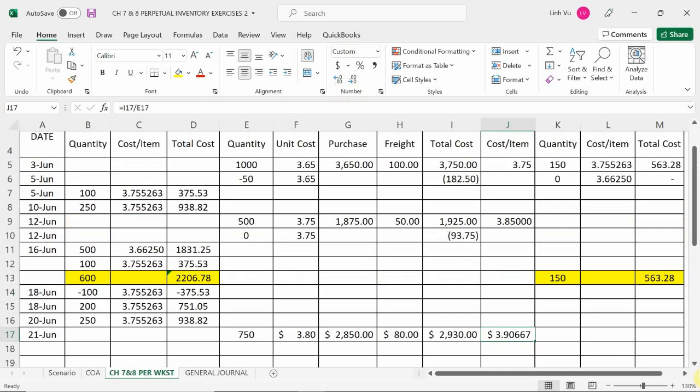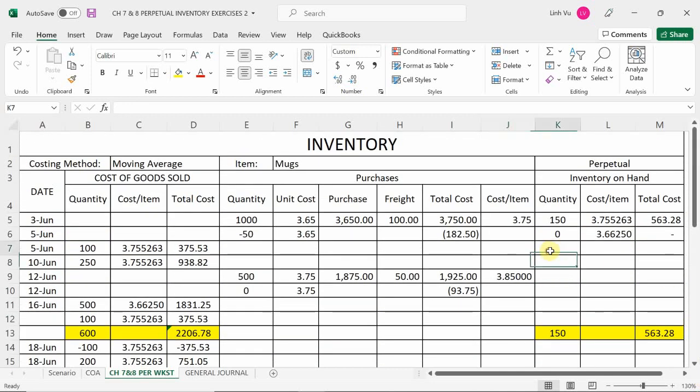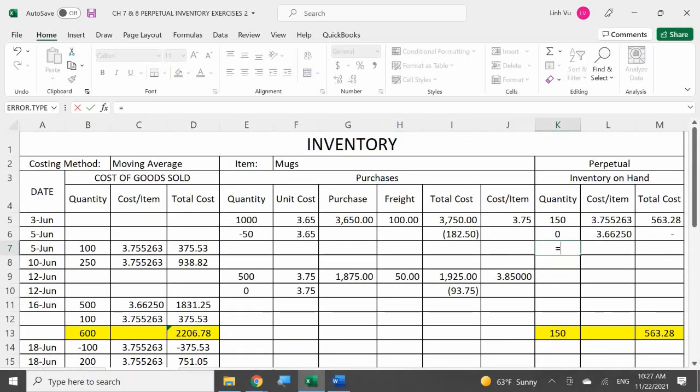Okay, good. So then I'm going to plug those numbers in here, right?